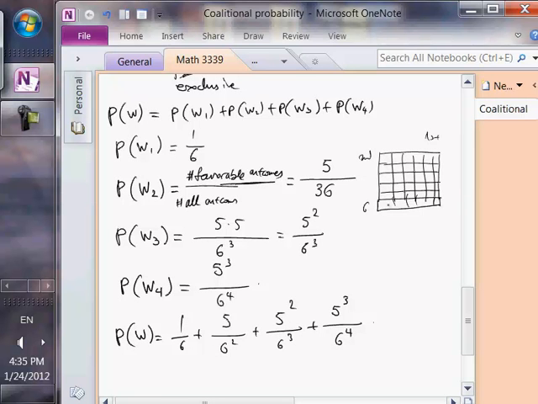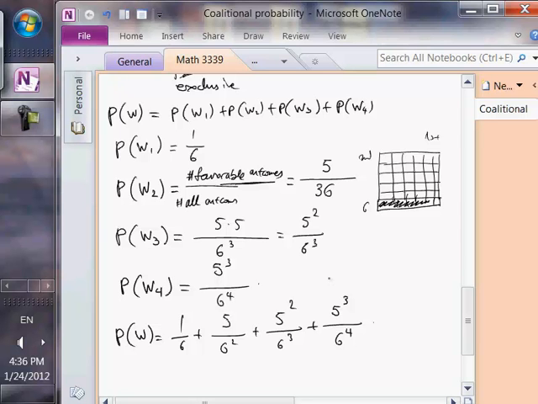So you have only those 5. So the first roll was 1, and the second roll was 6. The first roll was a 2, and the second roll was a 6. The first roll was a 3, and the second roll was a 6, and 2 more events. Yes?